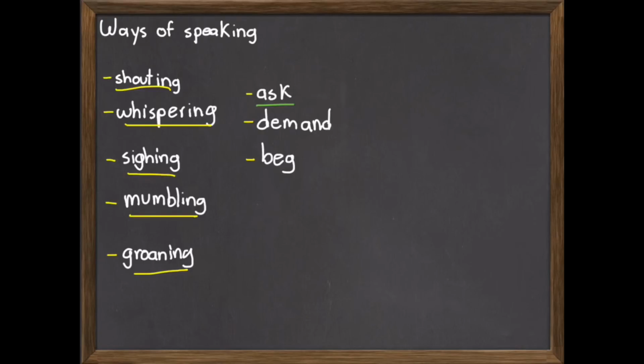Now, there are other words that mean similar things as to ask, but they are different levels of strength. The first one we'll look at is demand. When you demand something, you want it done almost immediately.